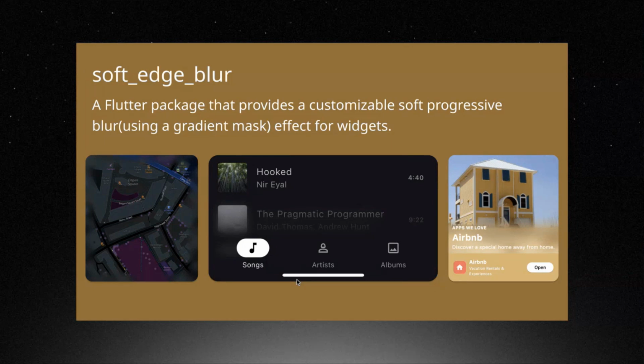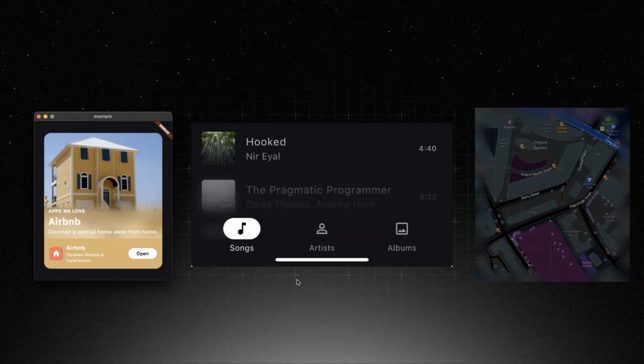So with that, obviously, I got deep into the problem, and I created this library called Soft Edge Blur. It seems to be now used by a lot of people, and it fixes the problem of that soft edge. For example, here in the Airbnb card, as you can see, there are multiple cases where I have used it, for example, to create a card like the Apple one.